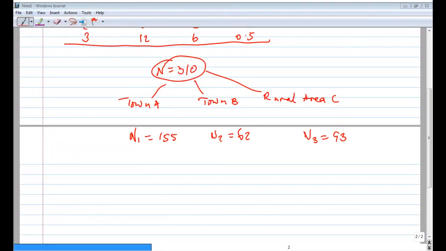Then the estimated population proportion for stratum number 1, which is p1 hat, like I said, from that table is 0.8. For stratum number 2, 0.25. For stratum number 3 is 0.5.